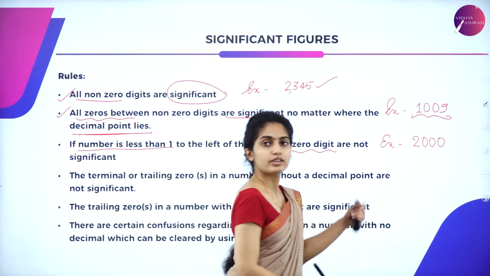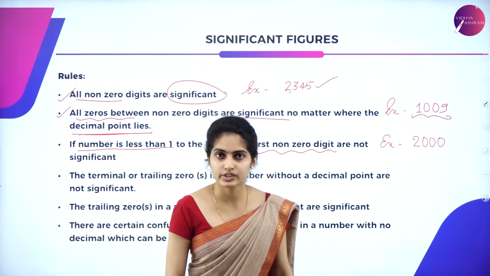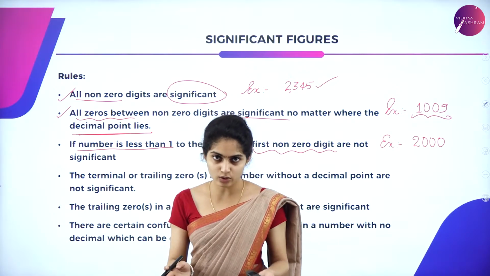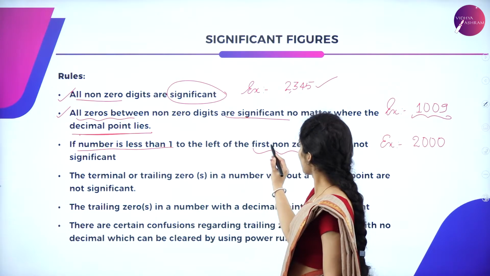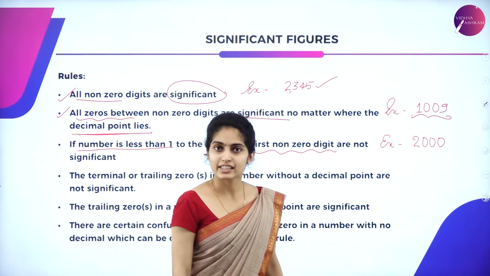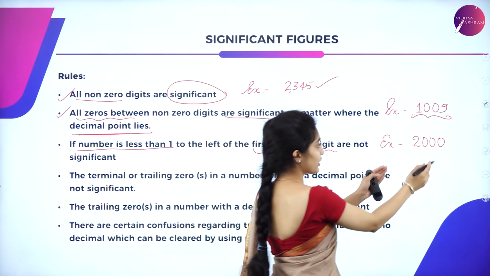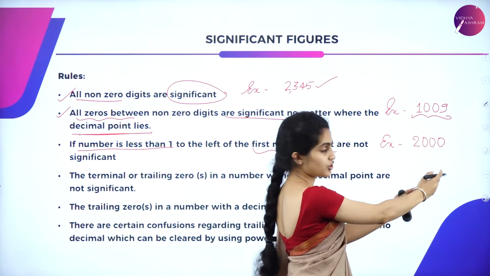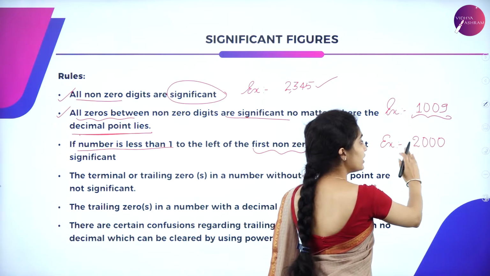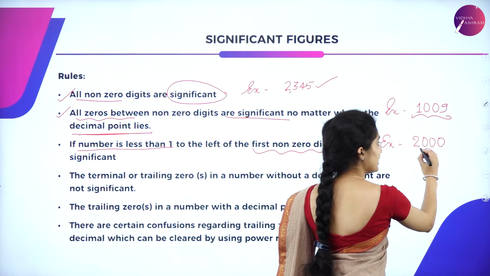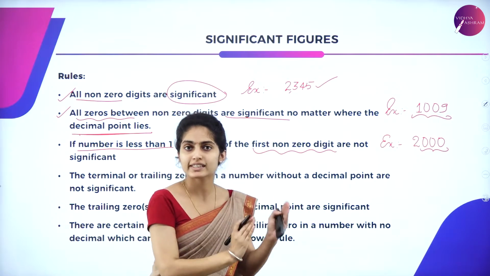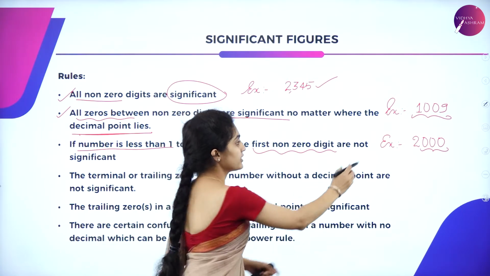If the number is 2000, then if the number is less than 1, the zeros to the left of the first non-zero digit are not significant. This is the left of the non-zero digit and this is the right of the non-zero digit. So towards the left of the non-zero digit, you have got 3 zeros. Those 3 zeros are not significant.